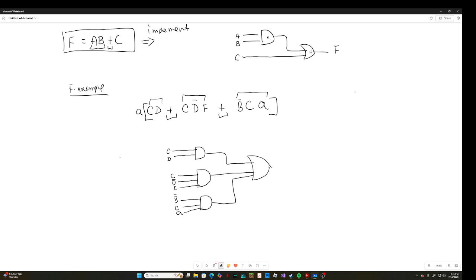And then at the end, it has an AND gate, so all of that is going to an AND gate, and that is my final value.